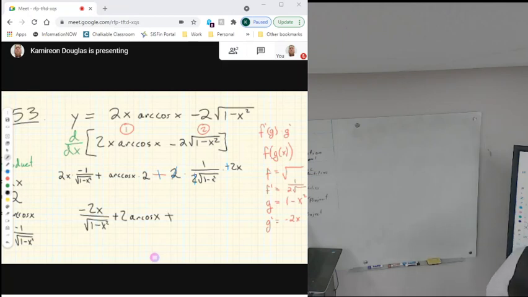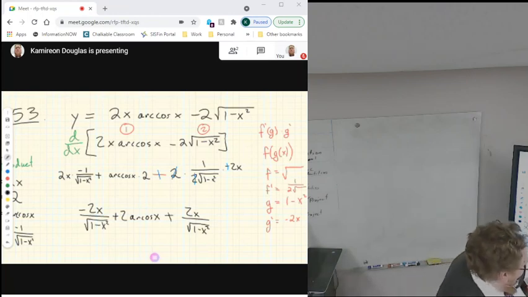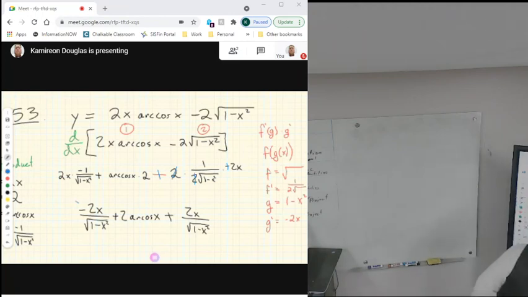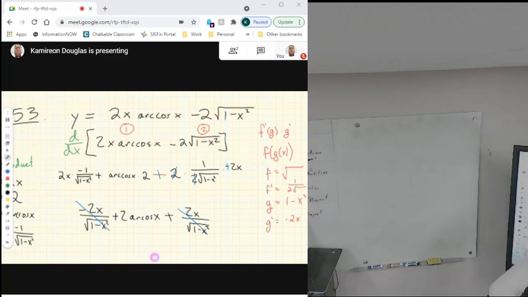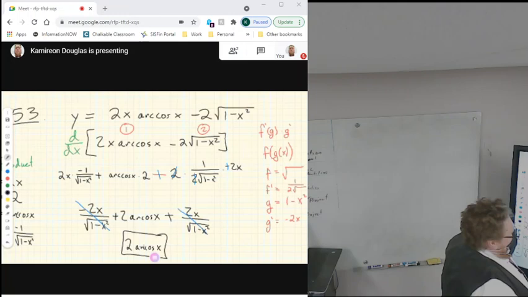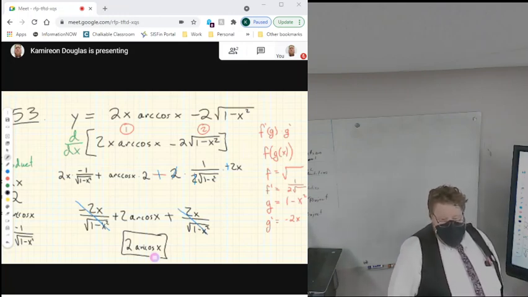The 2 moves to the top, and I end up with 2x on top over the square root of 1 minus x squared on bottom. From here, I can see I have a negative 2x over the square root of 1 minus x squared, and a positive 2x over the square root of 1 minus x squared. So those two cancel, which means the derivative should be 2 arc cosine of x. Oh, nice. That worked out very nicely.